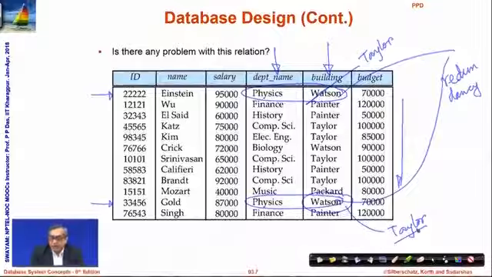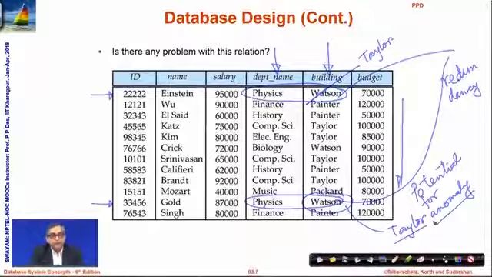So, it is not only that we have redundancy, we have potential for anomaly. That is, the application programmer might forget to update the building, say for this entry, and then we will be in an inconsistent database.